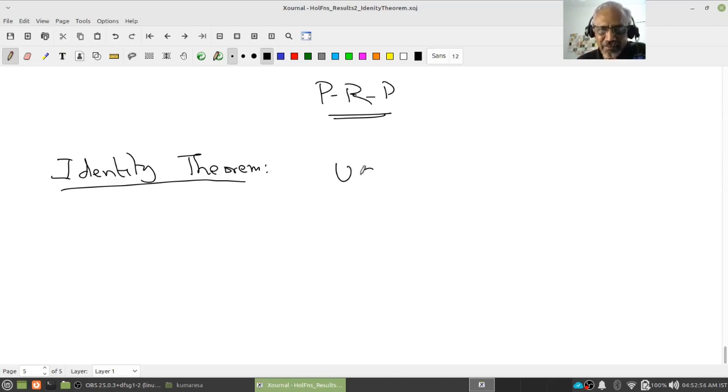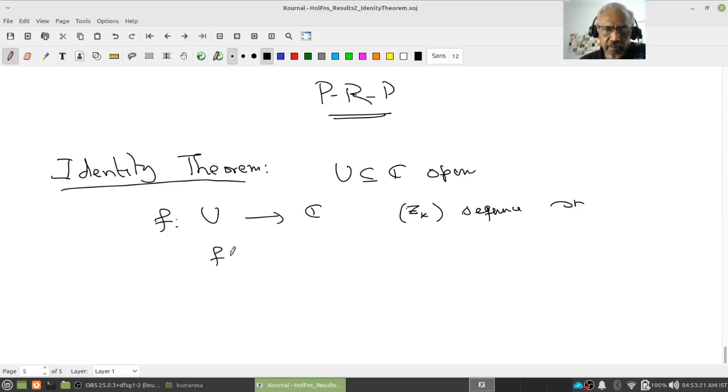Let U be a non-empty open set, and f is holomorphic from U to C. Now what I want to assume is that there exists a sequence Zk such that f of Zk is 0 for all k.